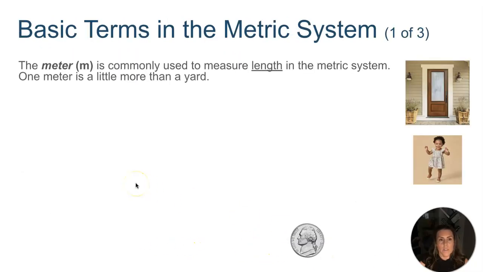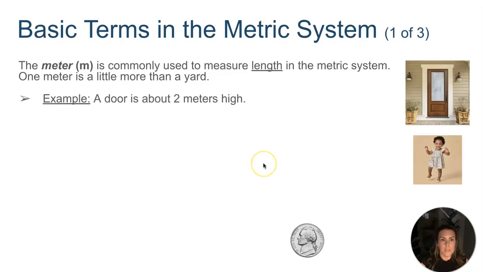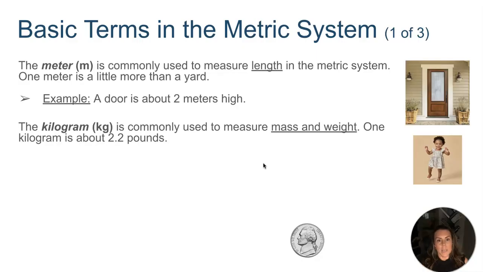So what are these basic terms in the metric system? When we want to measure length, we're going to use meters. One meter is a little more than a yard. An example is that a door is about 2 meters high. To measure weight and mass, we use grams, but where we would use pounds, we're going to use the kilogram.